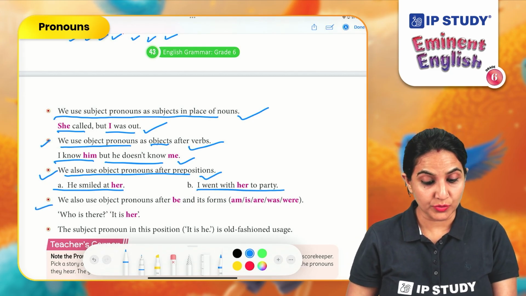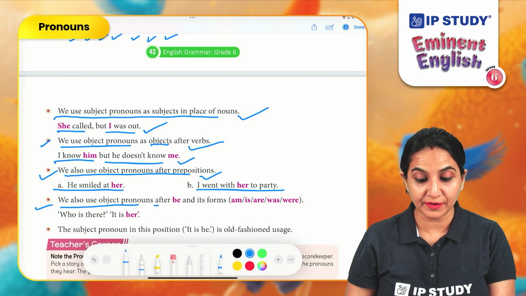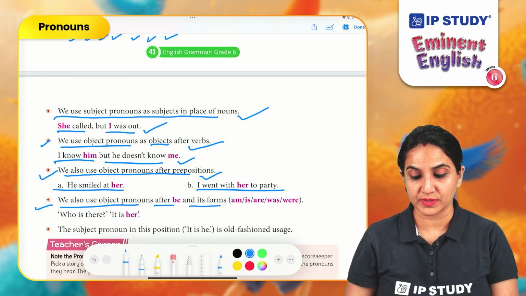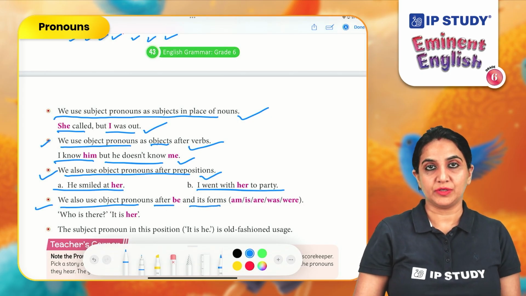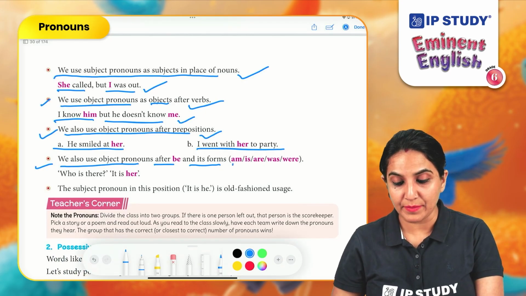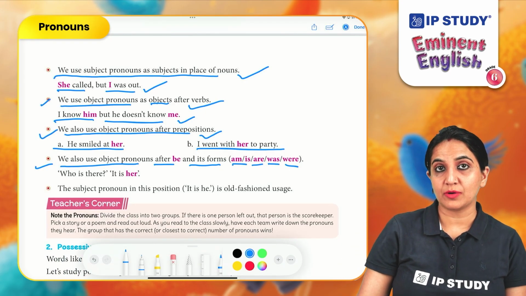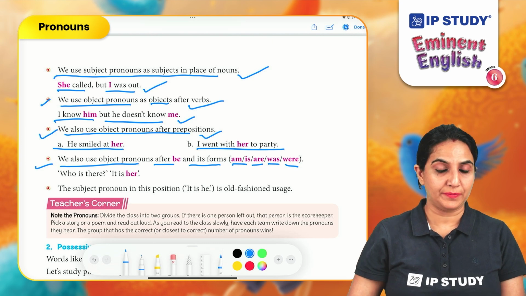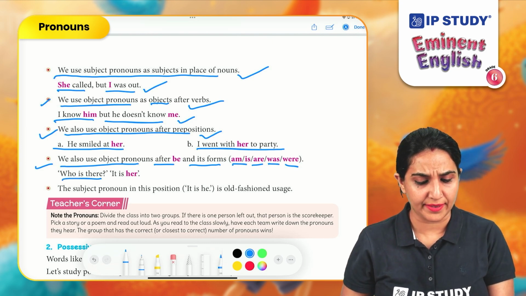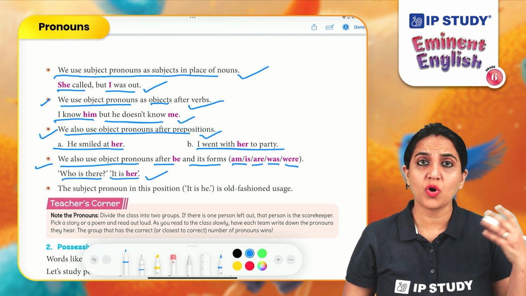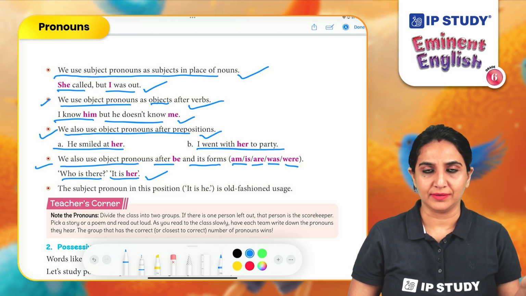We can also use object pronouns after be and its forms, like the to-be verbs am, is, are, was, were. For example, who is there? It is her. Who was there? It was her.